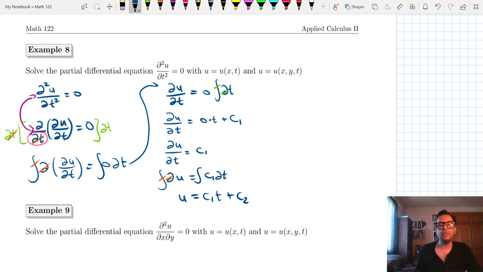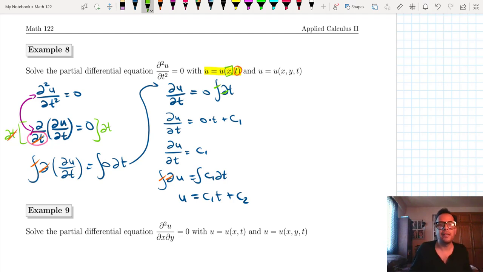Now that we have it in simpler terms, let's represent them in terms of the variables that we are working with. We integrated partially with respect to t. The other variable, x, was the one held constant.